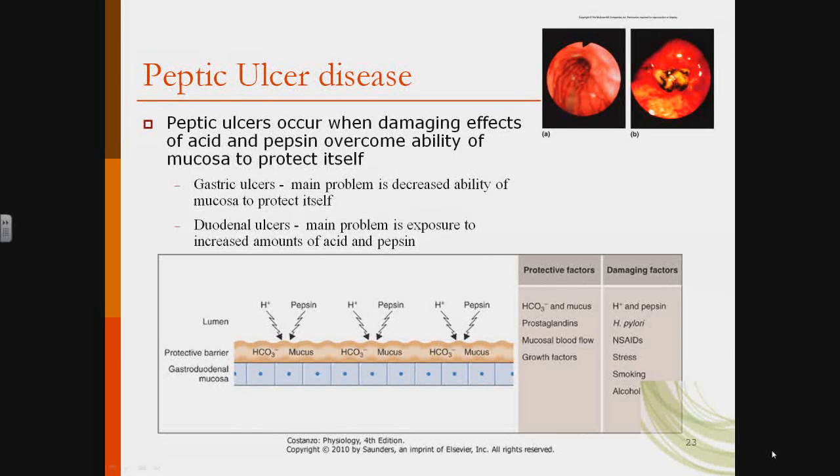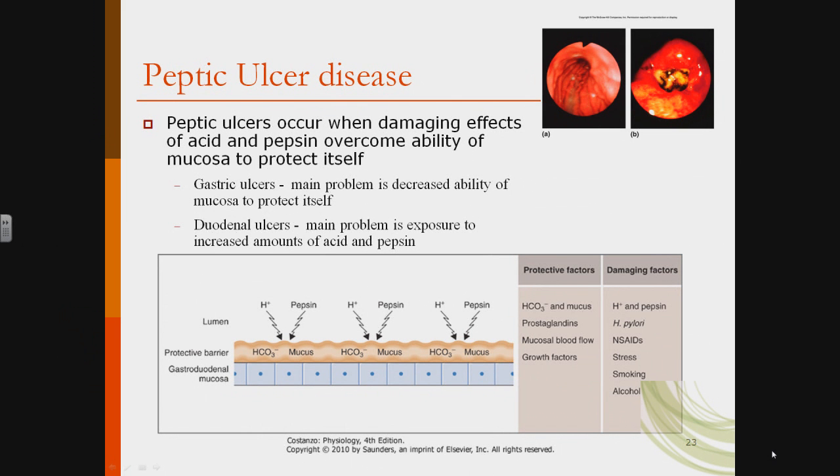So your protective factors are the bicarbonate-rich mucus, good blood flow to the mucosal cells, and we also need the mucous neck cells to be able to express their prostaglandin. Remember, prostaglandin E2 helps them make this bicarbonate-rich mucus. And we also need good growth factors for the gastric and duodenal simple columnar cells to replicate and divide. We need good mitosis. We need to rejuvenate that layer.